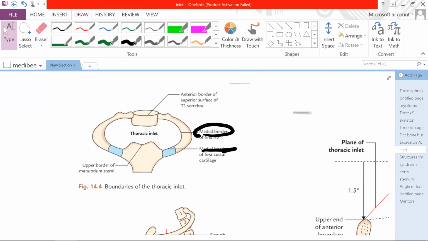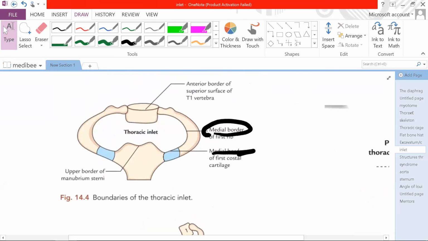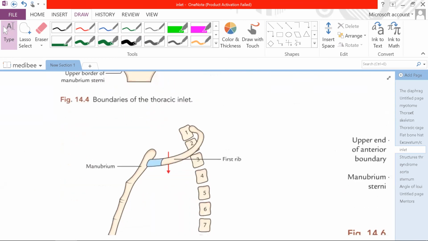When we see the thoracic inlet like this, we might assume it is horizontal, at the same level, but if you look at a sagittal section you will notice that the thoracic 1 vertebra is higher than the manubrium, almost 1.5 inches higher than the superior border of the manubrium.